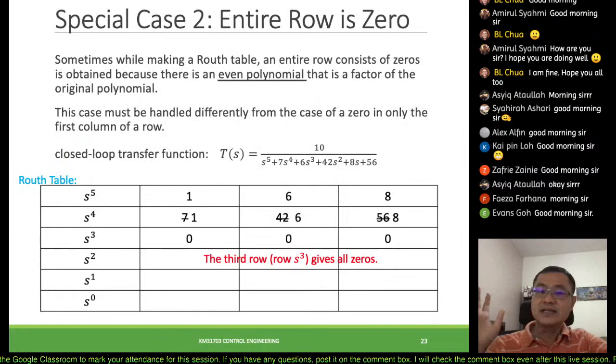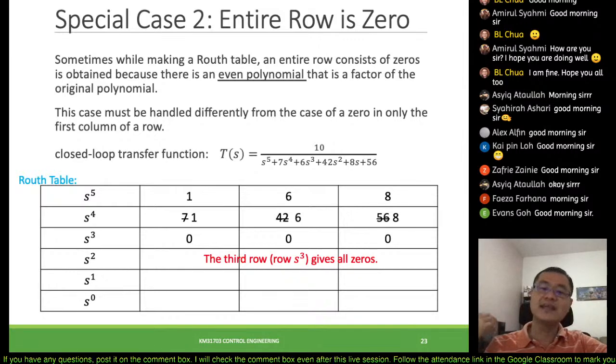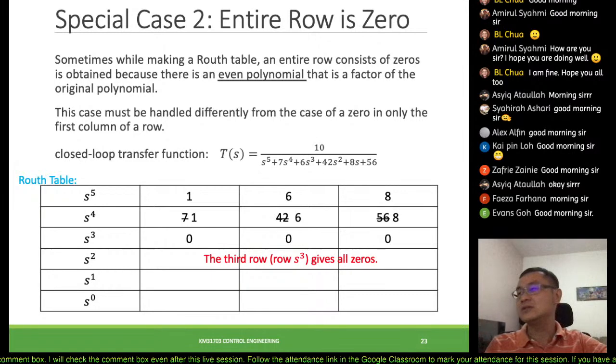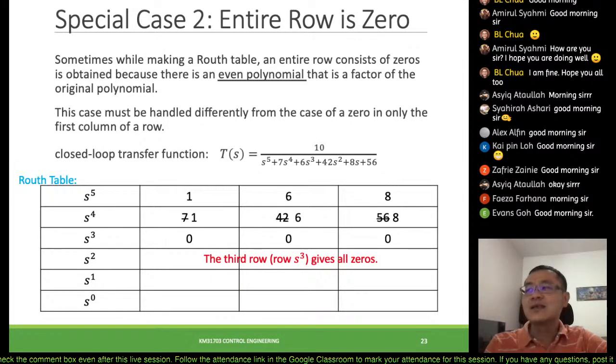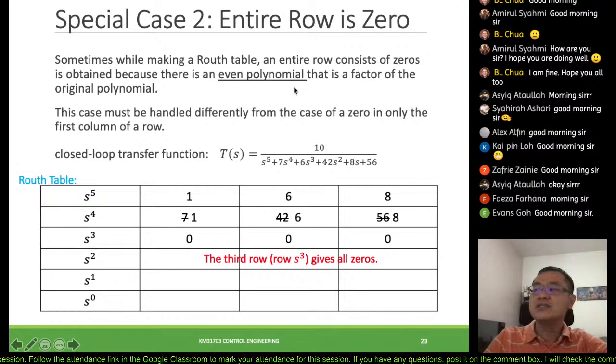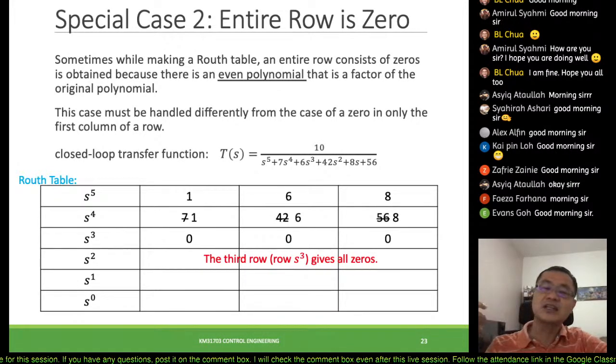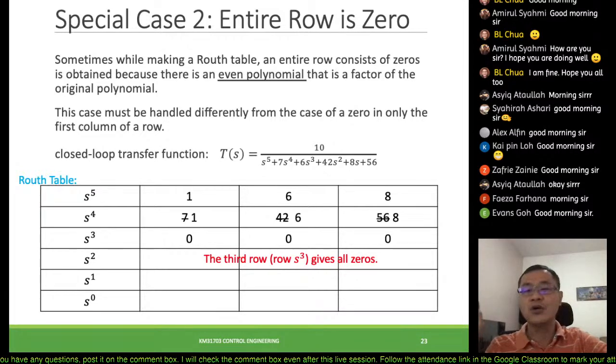So that is another method to solve it. Now another special case, we call it special case number 2, where the entire row coincidentally becomes 0. This occurs when a factor polynomial itself is actually a factor of the original polynomial.